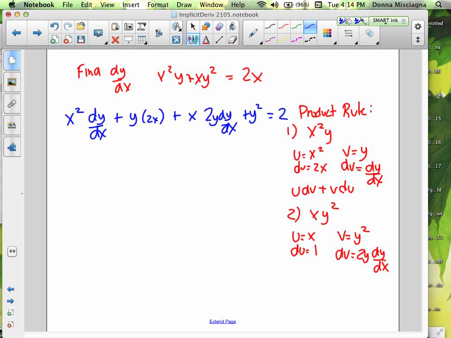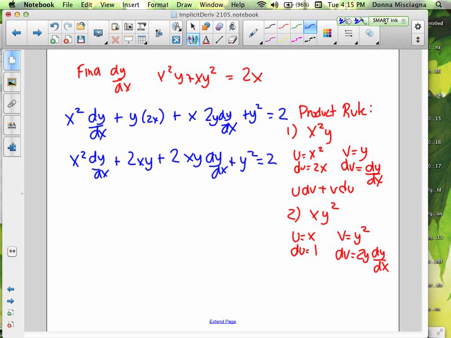All right, so now we need to move everybody that does not have a dy dx to the other side. So we have x squared dy dx plus x. Let's clean that up a little bit. That looks a little messy, having the 2 after the y. All right, so x squared dy dx plus 2xy dy dx plus y squared equals 2.